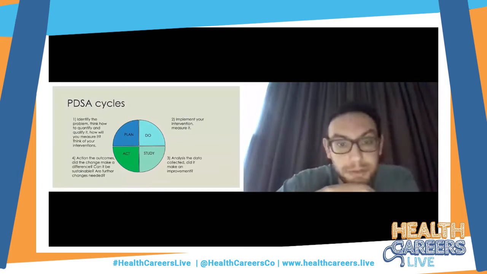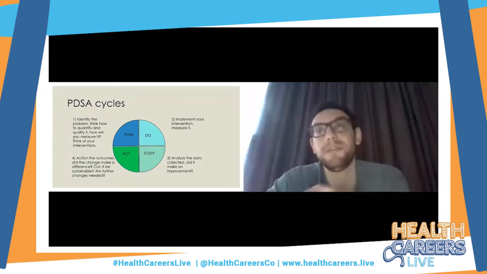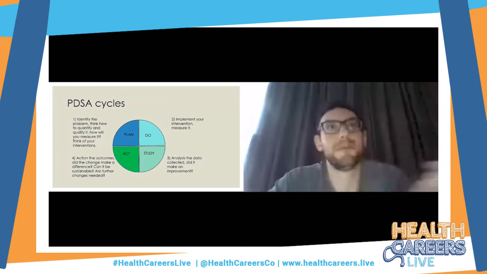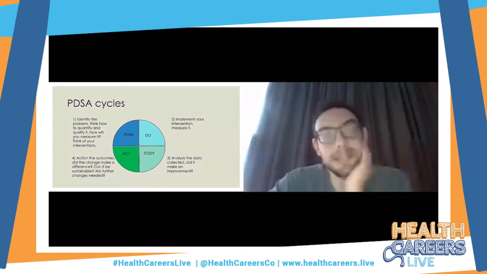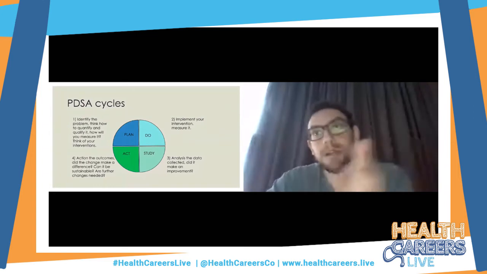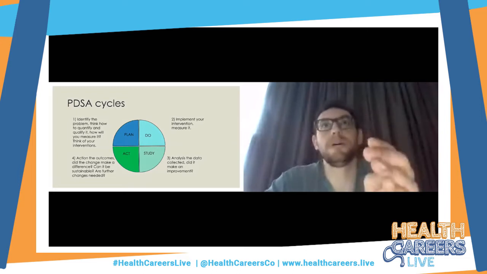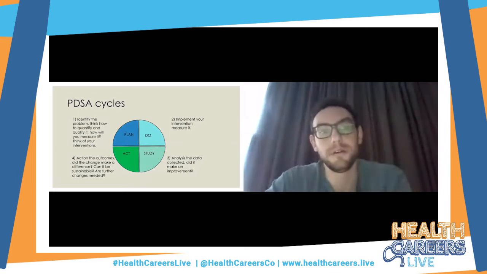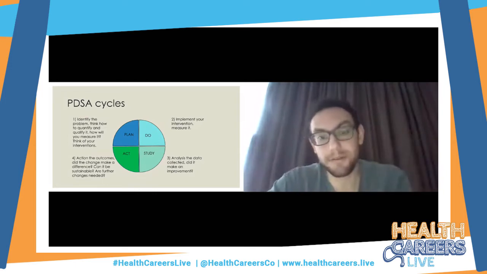So that's your first step. You then do your first measurement. So you want to get your baseline of how things are, and then you implement your intervention, whether those are posters, education sessions, a change in pro forma. You do that for a period of time, and then you want to measure the outcome of that intervention. So you're repeating that measurement step. You analyze that data, so that's in your study stage.